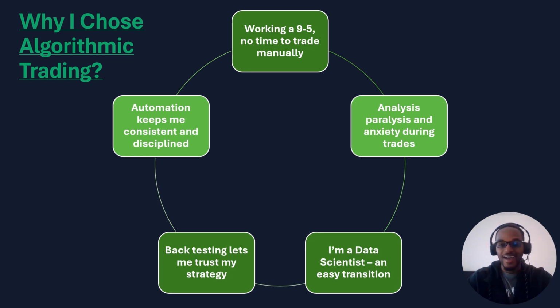Additionally, I tend to get a lot of anxiety doing trades. When I place a trade and manage the trade, I get a lot of anxiety on when I should buy or sell, and just that pressure. So I wanted to stay away from that. I got a lot of analysis paralysis, one might say. So I wanted it to be emotionless. So that's why I chose algorithmic trading.